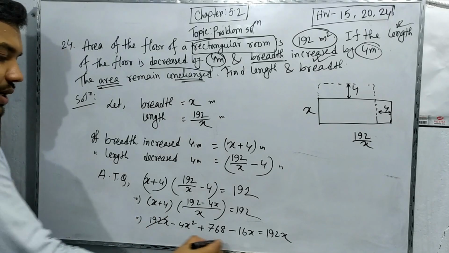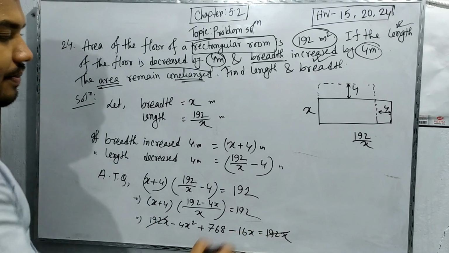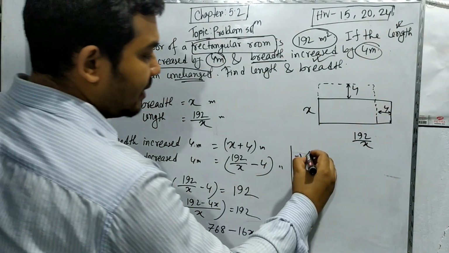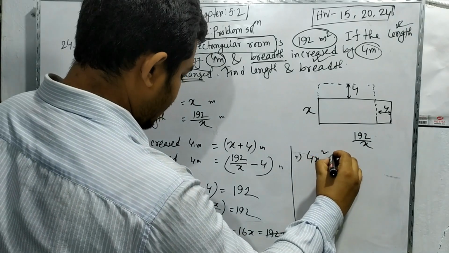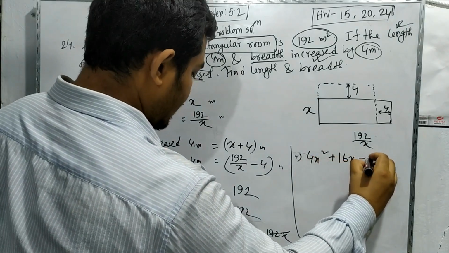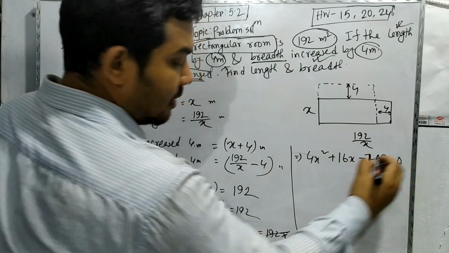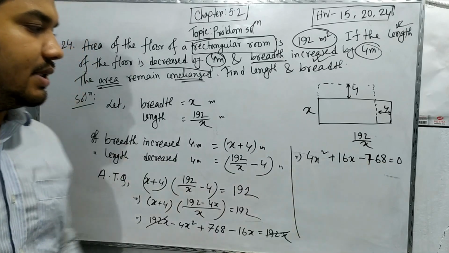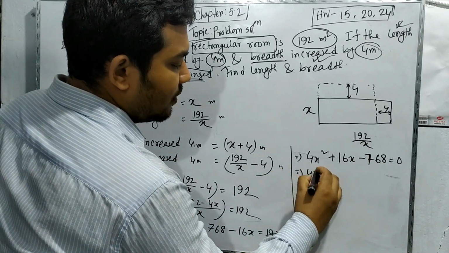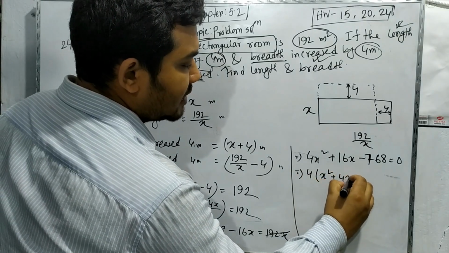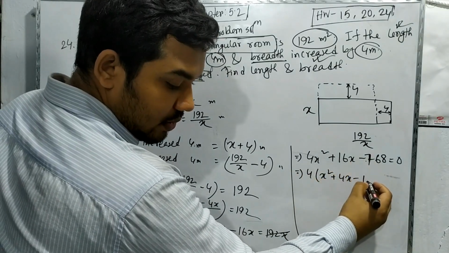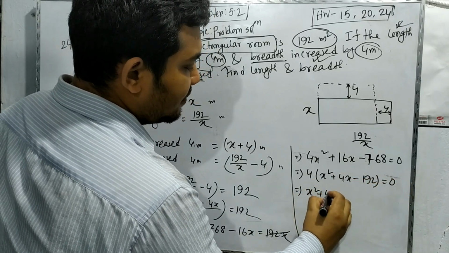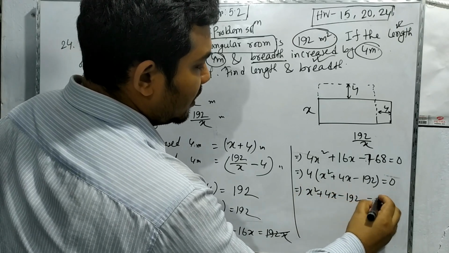So 192x and 192x are gone. So here 4x square plus 16x minus 768 equals 0. Taking 4 as common, x square plus 4x minus 192 equals 0.